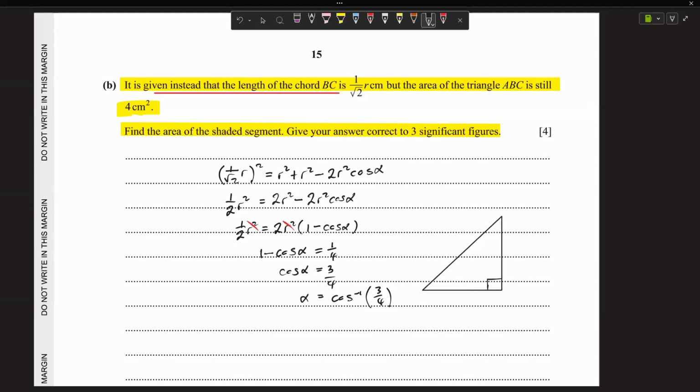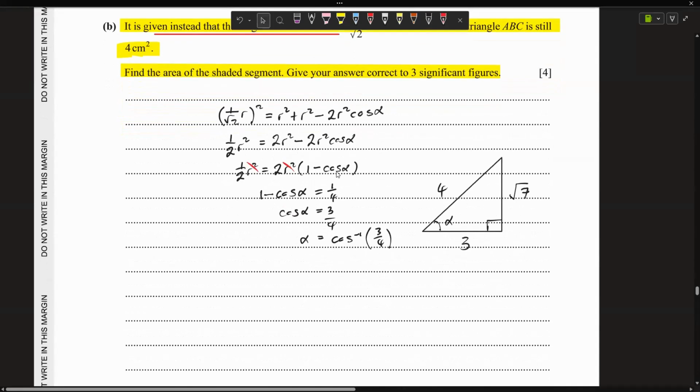Cosine of alpha is 3/4, so if this is alpha, cosine is adjacent over hypotenuse. If we use Pythagoras theorem, we can find this side. That's the square root of 4 squared minus 3 squared, the square root of 16 minus 9, which is 7. So this is root 7 on the other side.